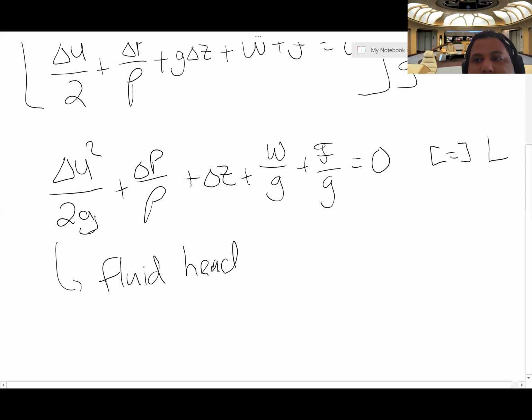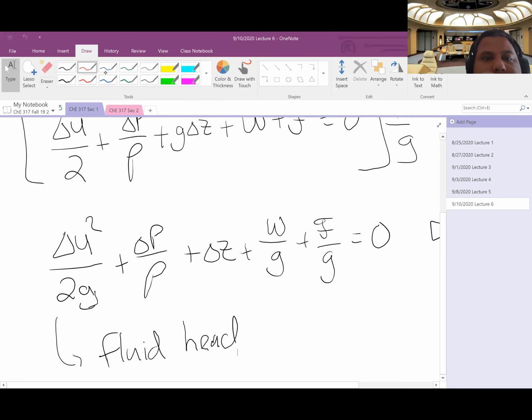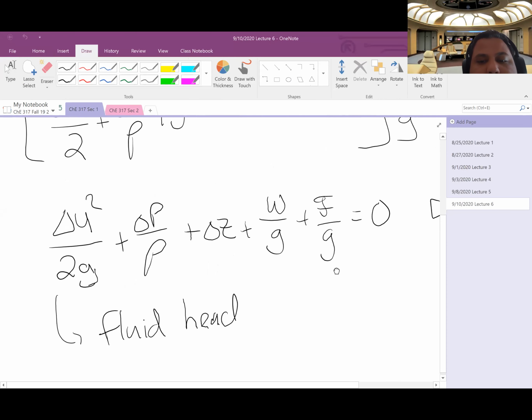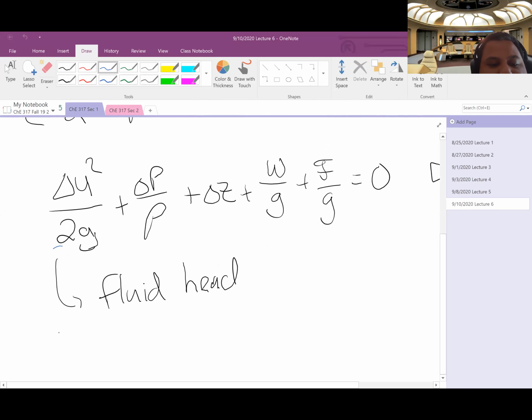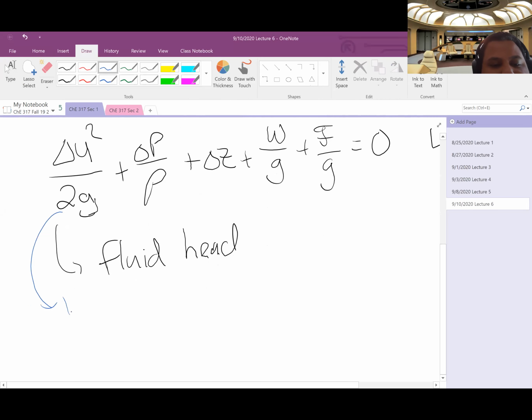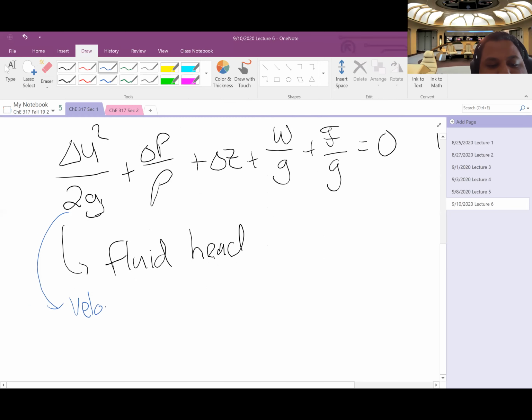Each term now becomes an energy term in terms of fluid head. So the velocity kinetic energy becomes what's known as the velocity head of the fluid. Then we have the pressure head.